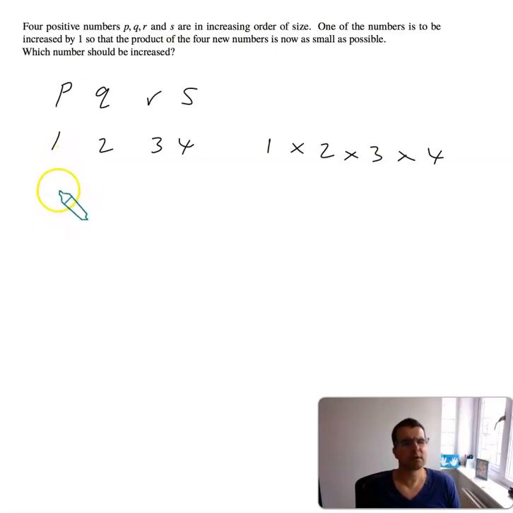So perhaps when you're doing a product, you want your numbers to be as small as possible. So let's just have a look. If we increase P by 1, you get 2 times 2 is 4, times 3 is 12, times 4 is 48.